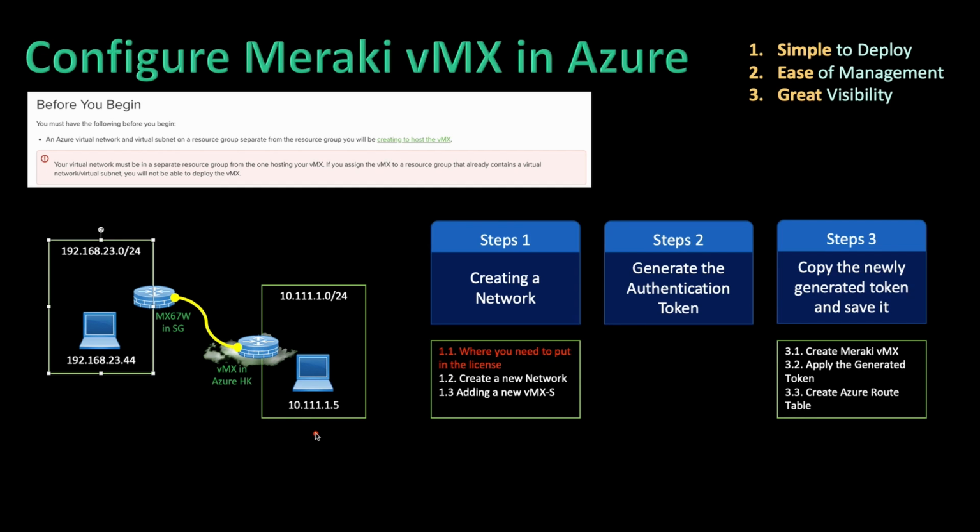Now, what I'm going to show you today is how to do a site-to-site VPN between the MX67W, which I have in Singapore, and Azure, which I will be using for my demo lab, for security testing and malware testing in a future video.